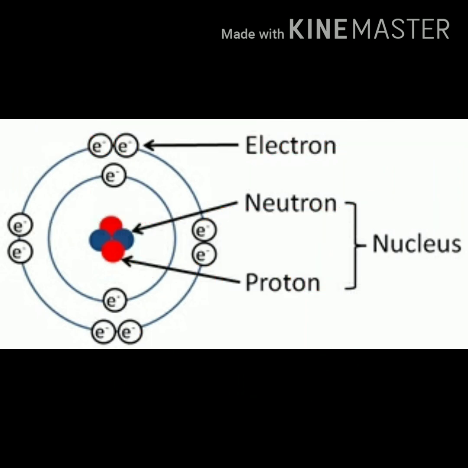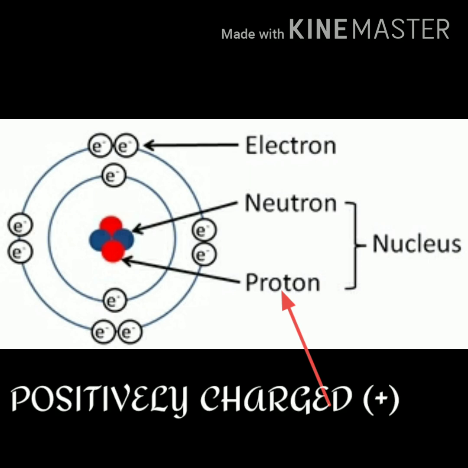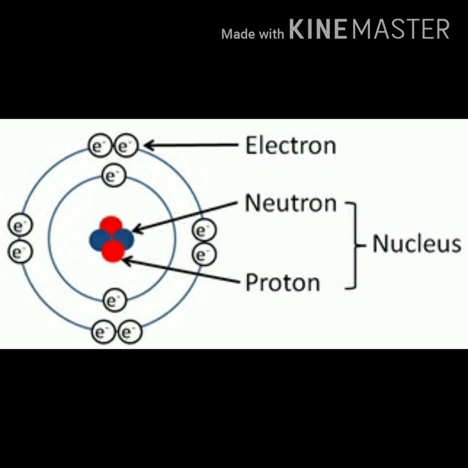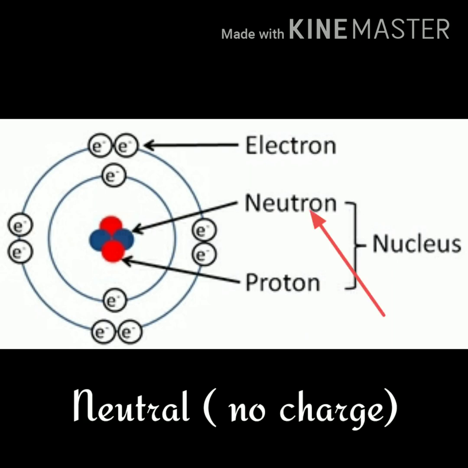Now, protons, which are present in the nucleus, are positively charged. They have a plus sign. P for proton, P for positive. Okay? Neutrons present in the nucleus are neutral. That means they do not have any charge. N for neutron, N for neutral.